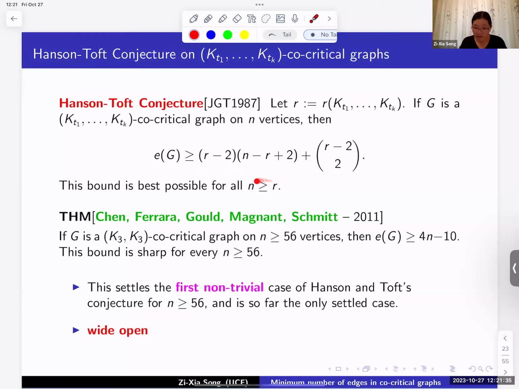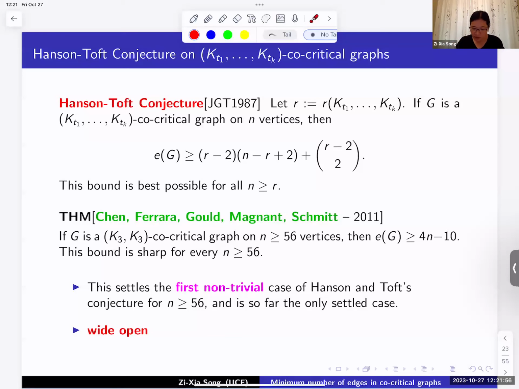If this is true, every such co-critical graph must have at least this many edges. And if this conjecture is true, then this is the best possible for all n at least R from the previous construction.